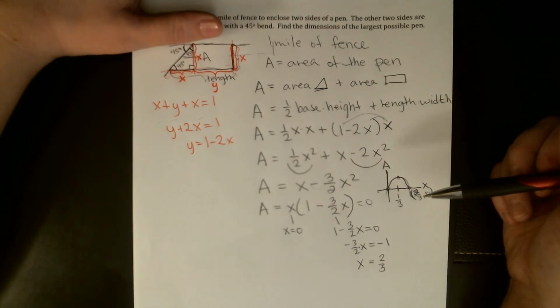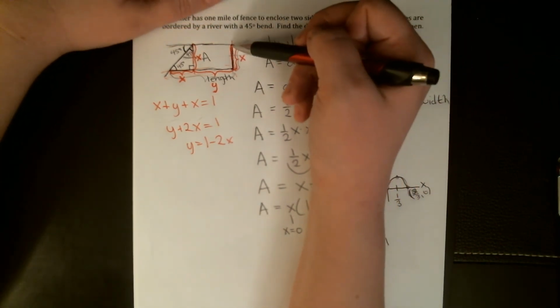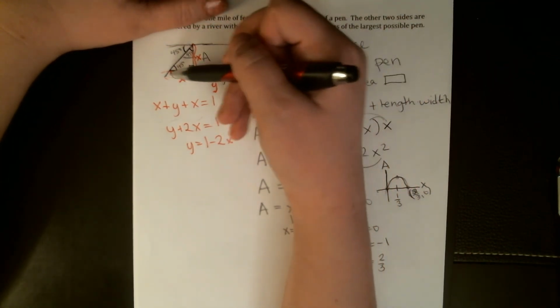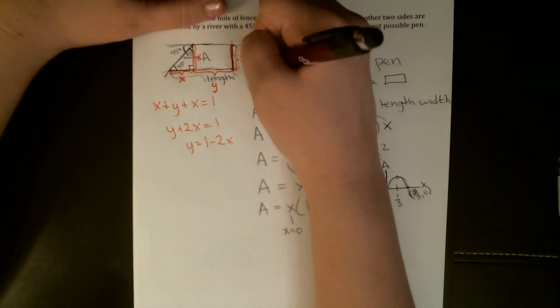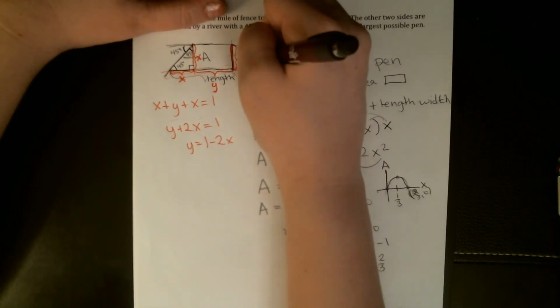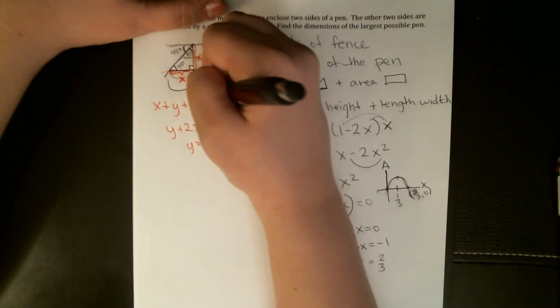I'm going to give my x and my y. Actually, I'm going to think about that twice. If I was describing to somebody how to build this thing, I would give them the x and I would give them the x plus y. So if this is, what did we just say, 1/3 of a mile, then this will have to be 2/3 of a mile.